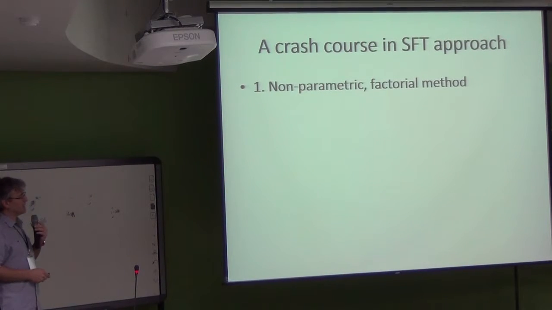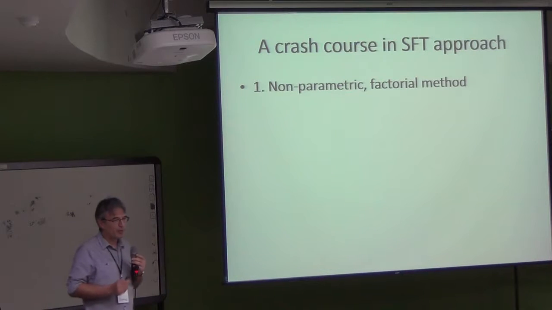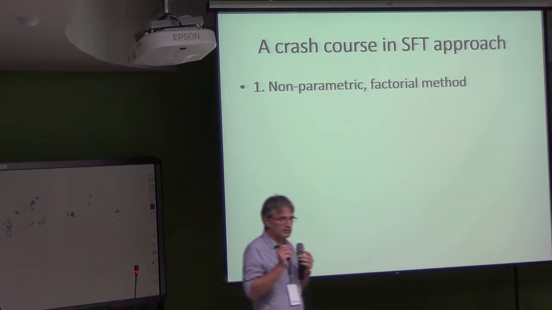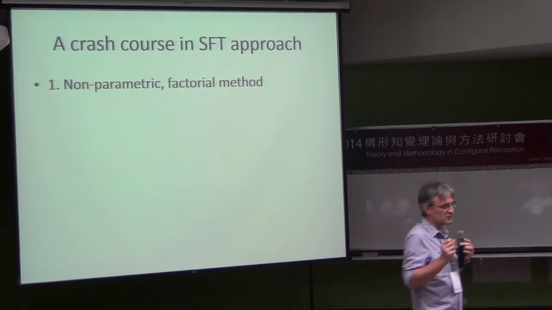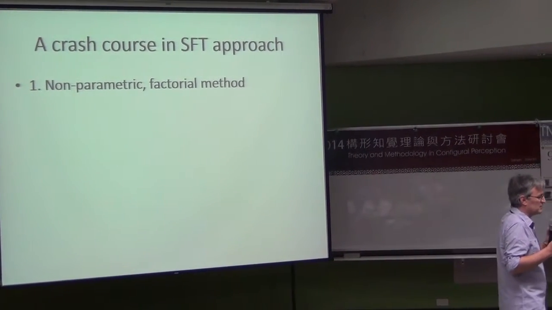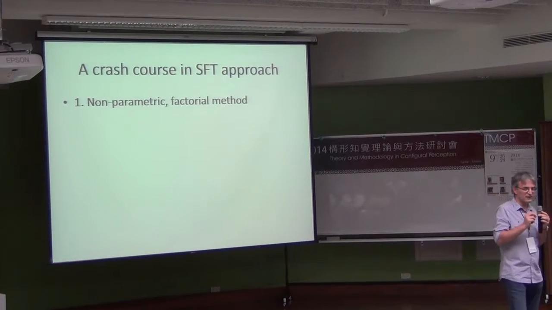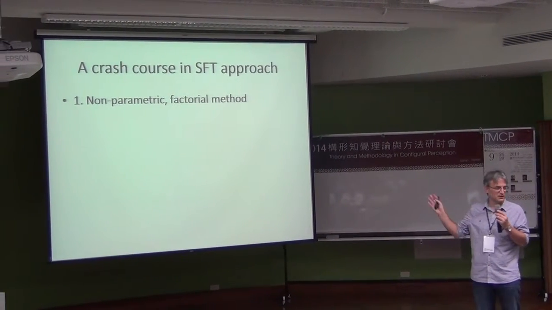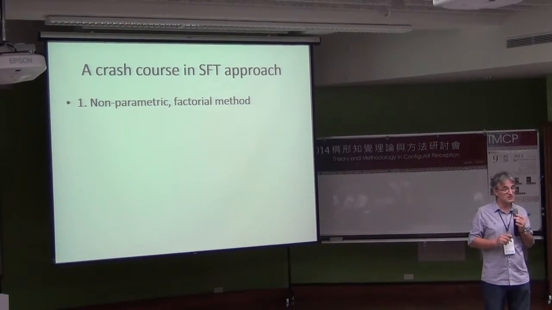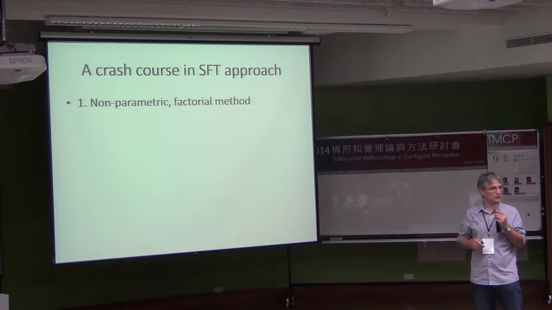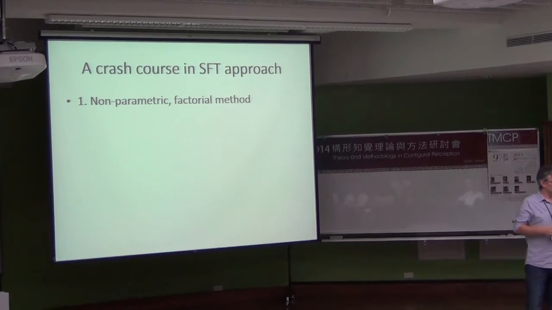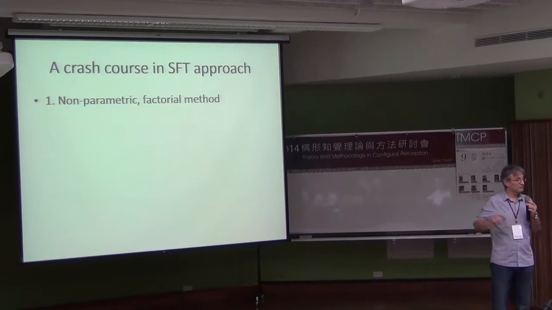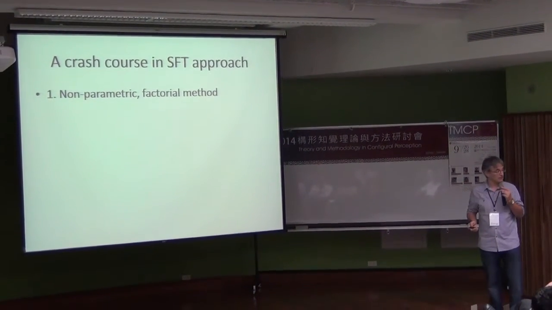First, this is a non-parametric factorial method. Non-parametric here means no parameters. The models that are tested here are not described by parameters. Usually when we have parameters, we try to fit some models, model fitting, optimization; no such things here. This is a great relief for those of you who work very painstakingly to fit different models. You know how complicated this thing is. Now, this one does not have any of these.